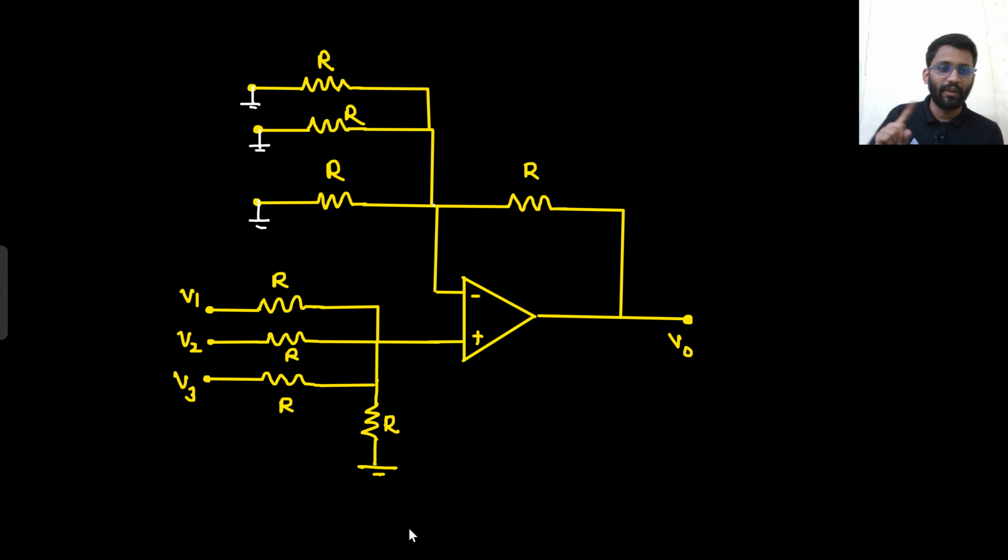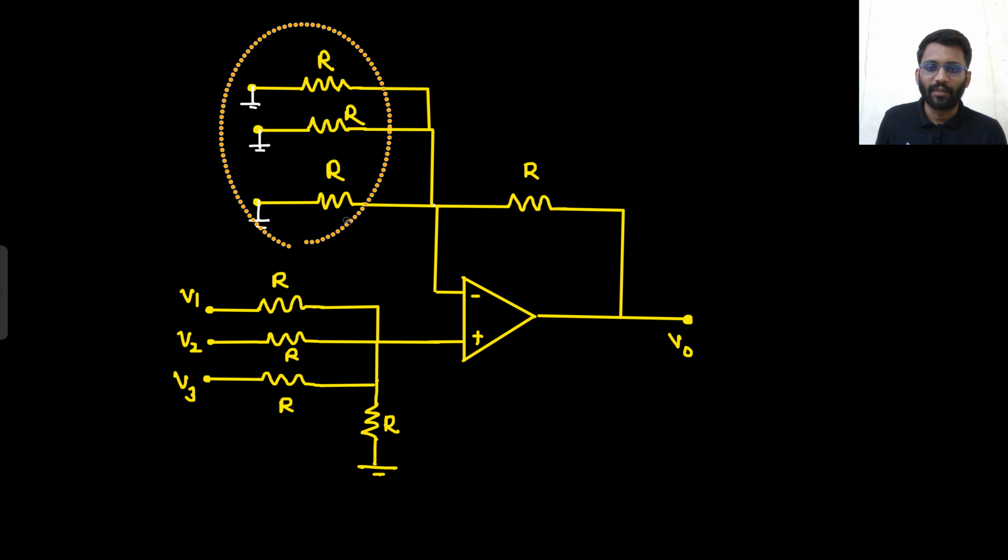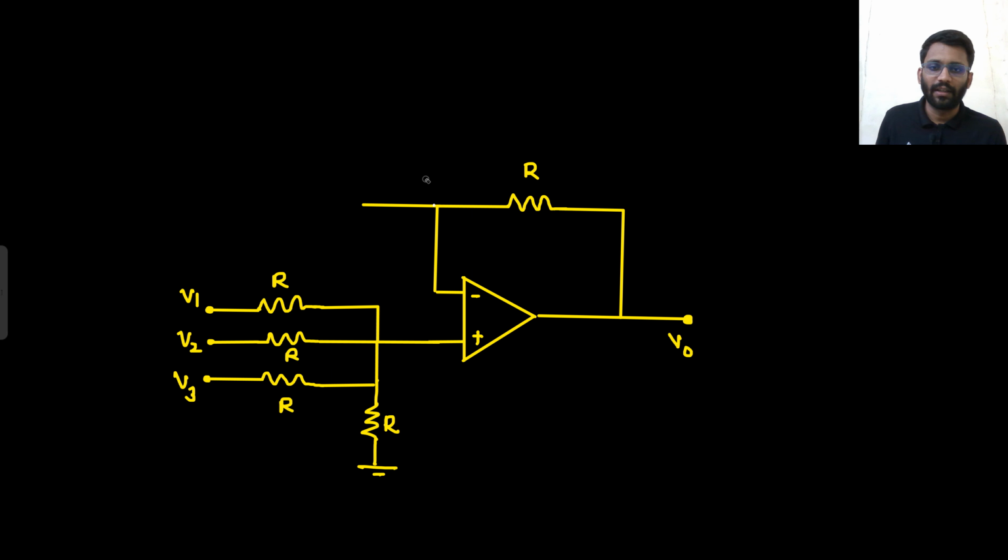So from this node to ground you have R by 3. So this complete circuit can be replaced with R by 3.